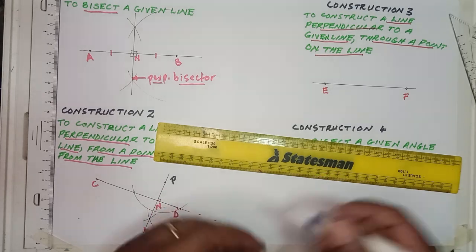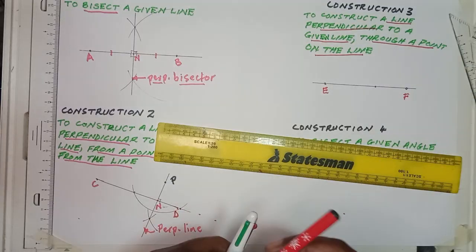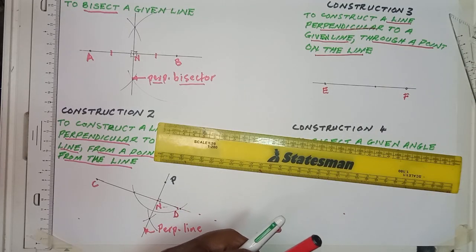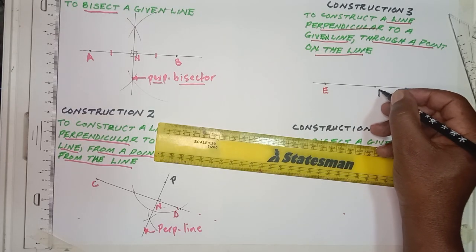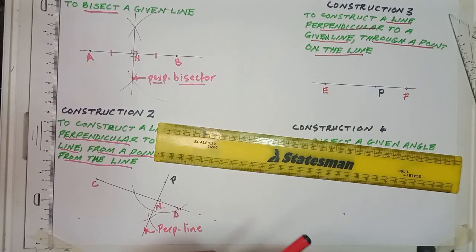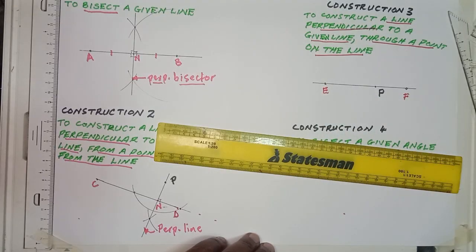And let's locate a point right on line EF anyway, not necessarily in the middle, but anyway on line EF. So this is point P. We want to draw a line that is perpendicular to line segment EF, passing through point P.